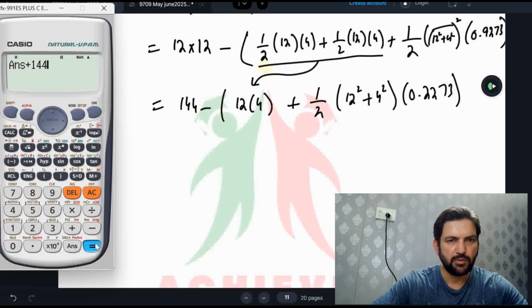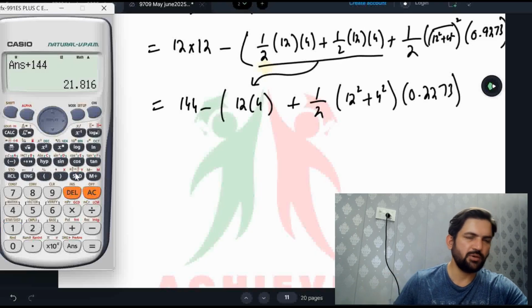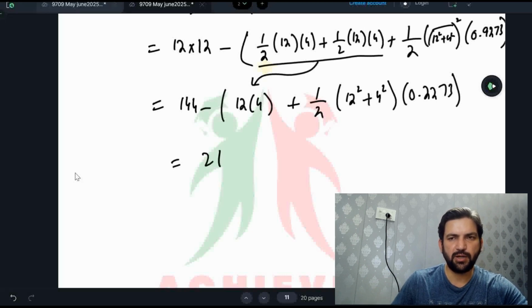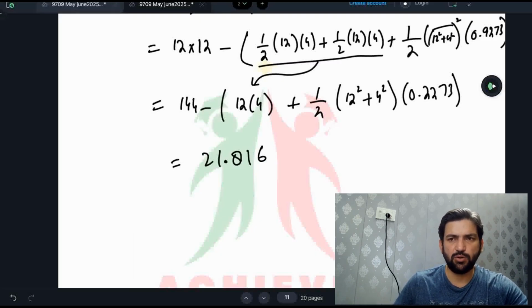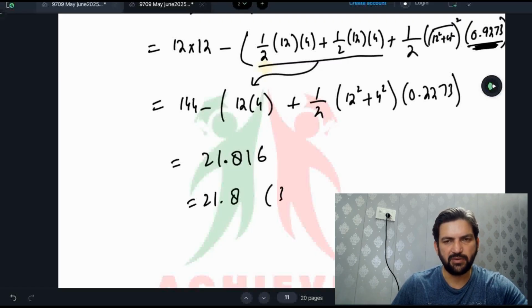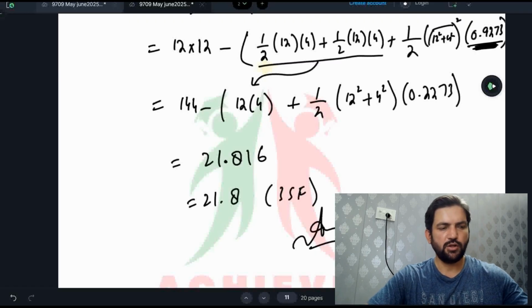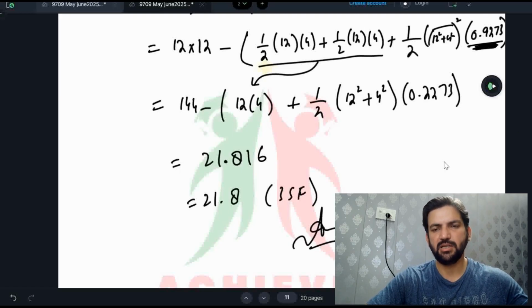So it is totally up to you which calculation you want to use. So your answer is 21.816. This is the exact answer, although we have rounded off in the angle, so it's better to write your answer in 3 significant figures, because in the question you have rounded it off, so it's better to write the answer in 3 SF.